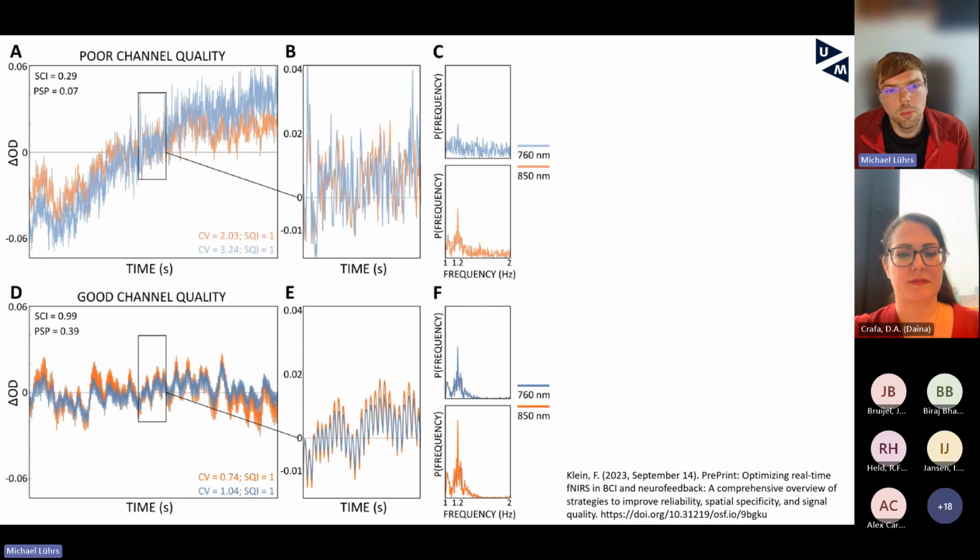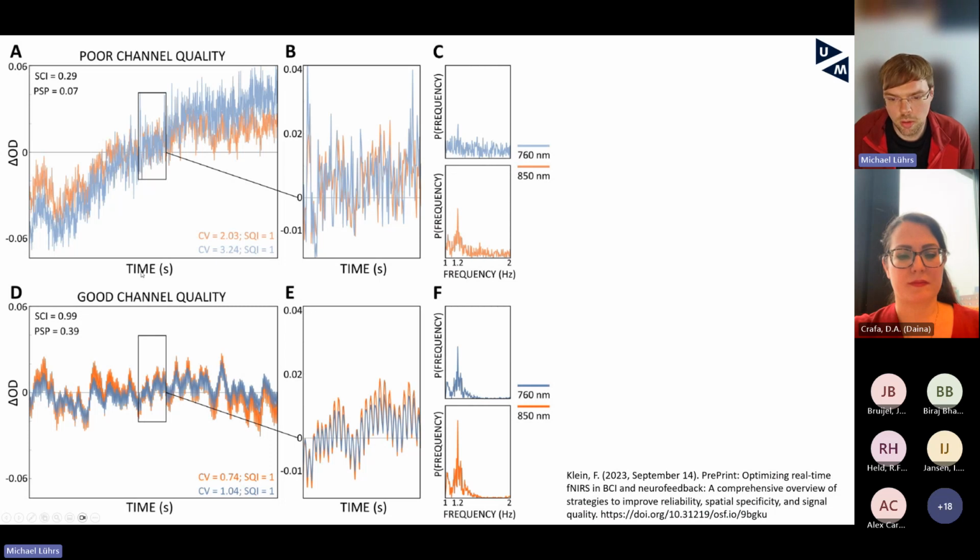So looking a bit more into what a good and a bad channel look like, this is something that you will experience very quickly when you dive into fNIRS. The interesting factor is, of course, the heartbeat that you usually see in good channels right away. But in more noisy signals, it's of course very challenging.